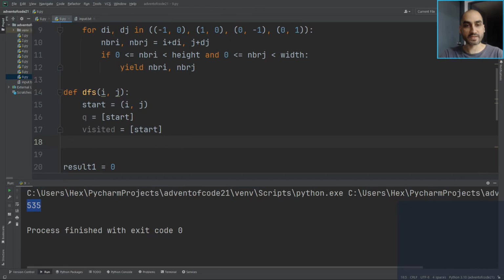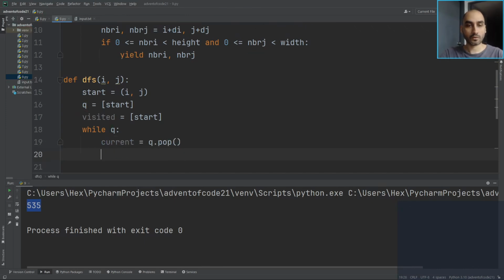Put that, but we have a visited set as well. While Q, so we just take stuff off the Q. Q pop.